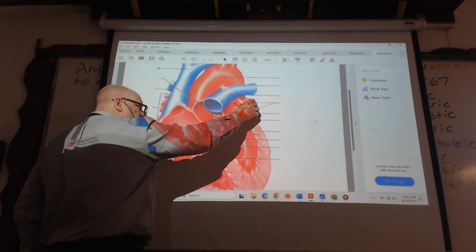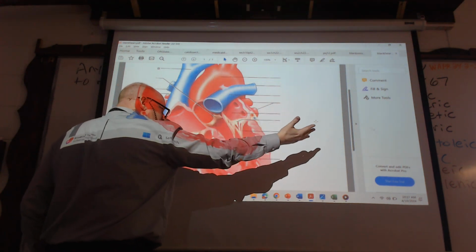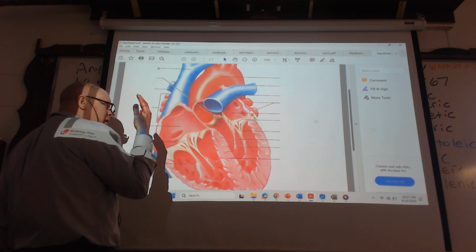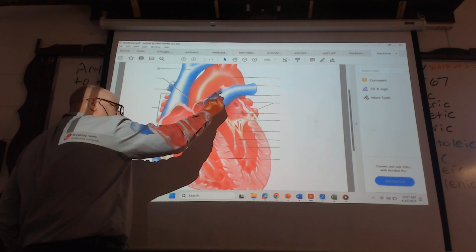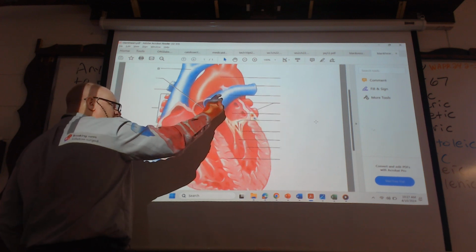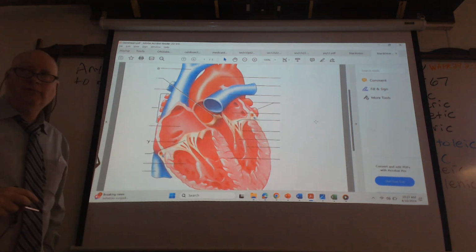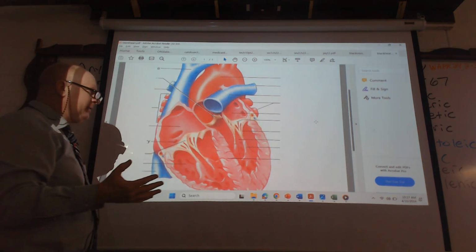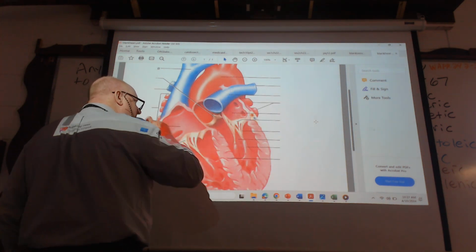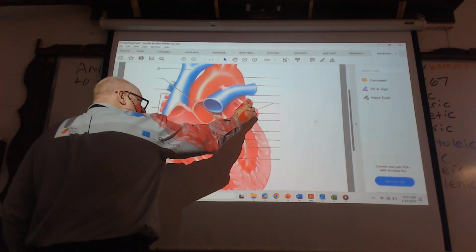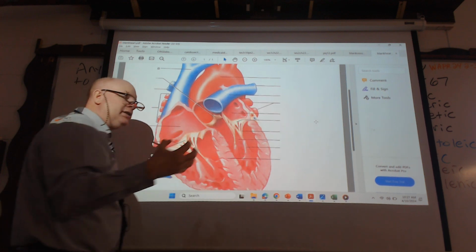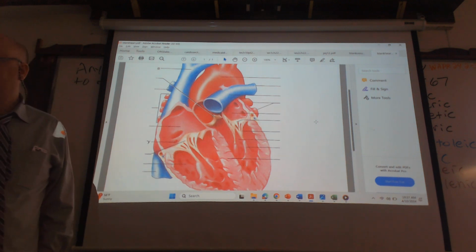Another categorical difference is all veins do bring blood back to the heart. That is exactly true. Because when we look at this, this is a pulmonary vein, but this is a pulmonary what though? It's a pulmonary artery. So if it's bringing blood back to the heart, it's going to be a vein, and it's part of that pulmonary loop because it has lots of what in that blood?